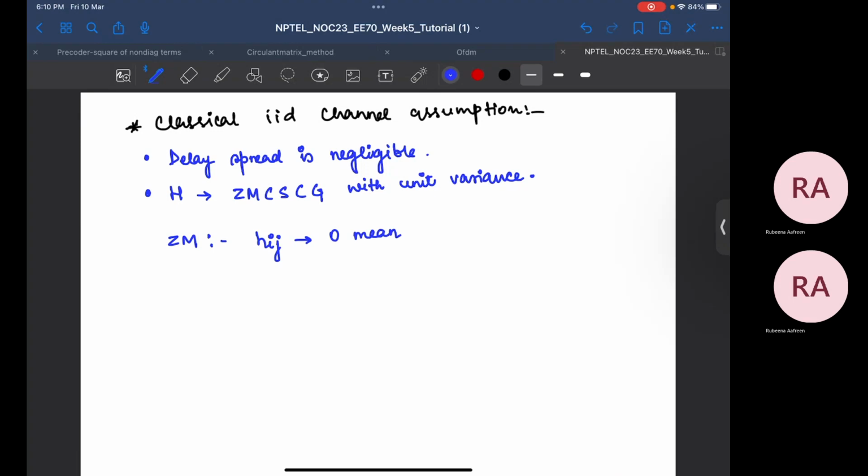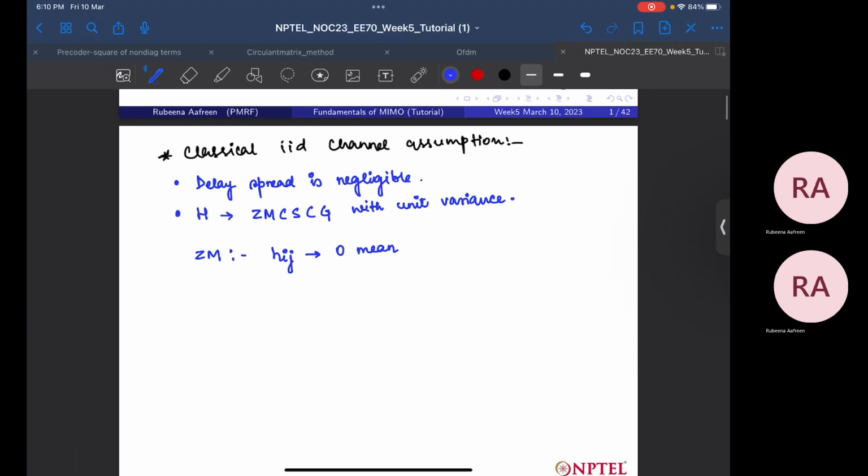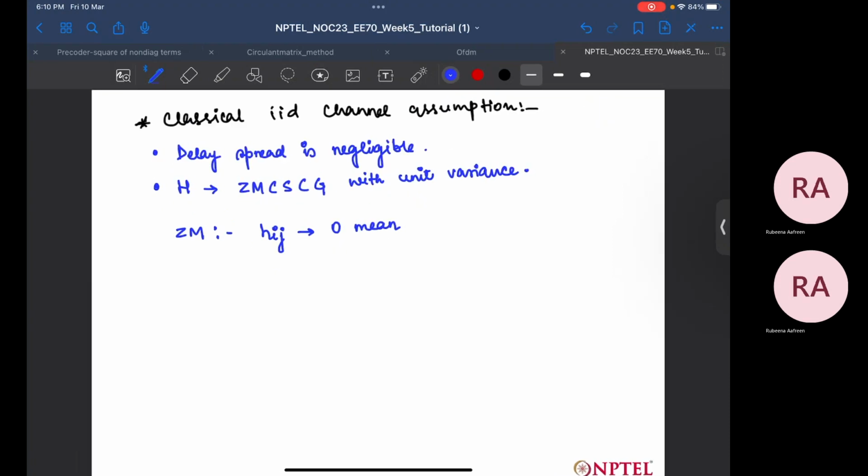This is how zero mean comes about. Zero mean means that scattering is uniform in all directions, like we have seen previously that isotropic antennas are there. So scattering is from all directions. If scattering is from a single direction, with more power, then we can model it as a Rician channel or something like that. So zero mean means that scattering is uniform. That is why the mean is zero.